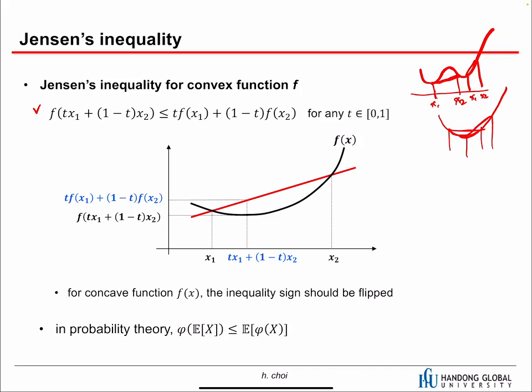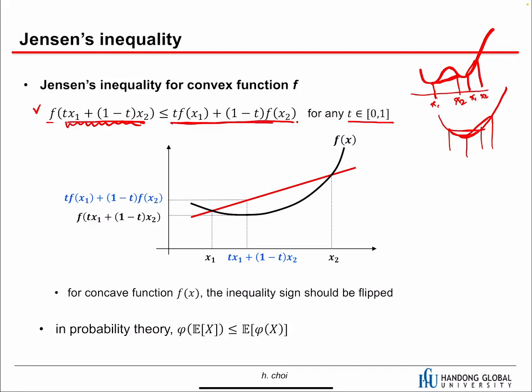So when the function is convex, the function of this is lower than or at least equal to this, for any t, where t is between 0 and 1. Look at this one. This one is actually a weighted sum of x1 and x2.